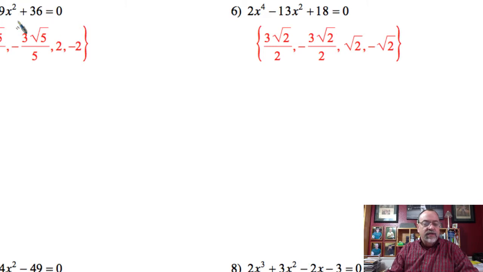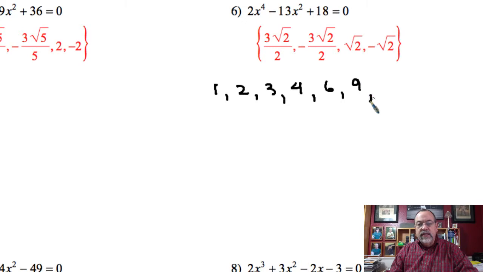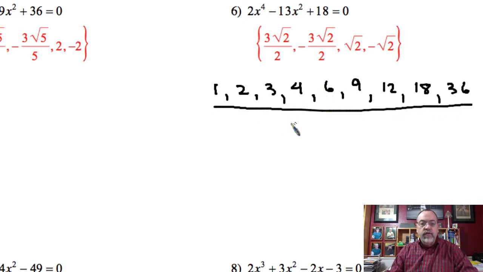I have a constant of 36, so to use the rational root theorem, I need to begin by making a list of my factors. So I have 1, 2, 3, 4, 6, and then 9, and then let's see, 12, 18, and 36. Those are the factors of the constant, all of those over the factors of my leading coefficient.